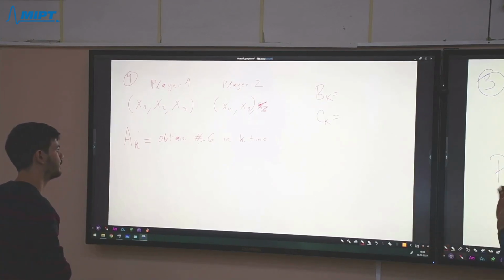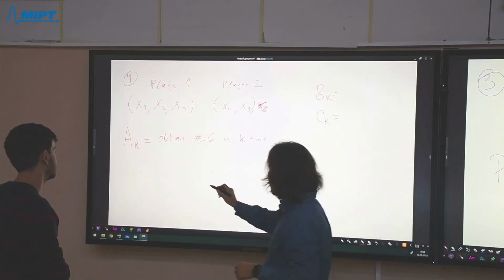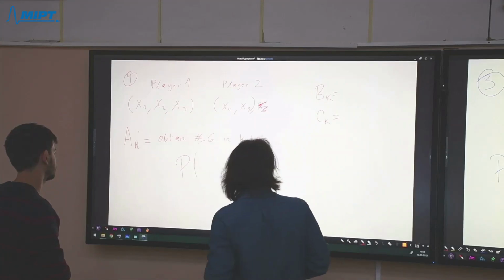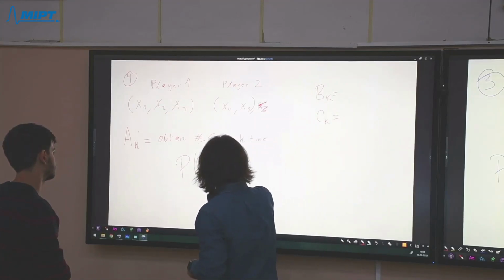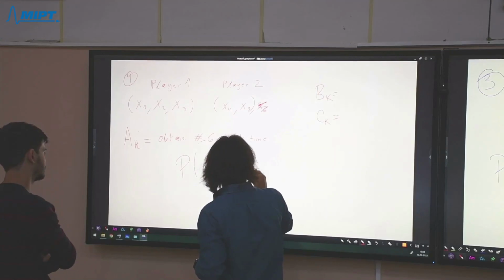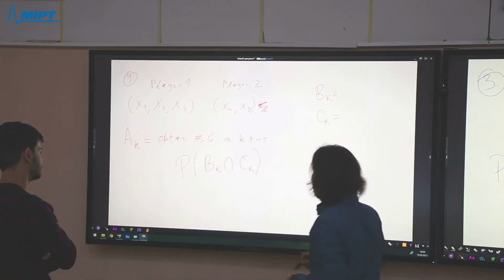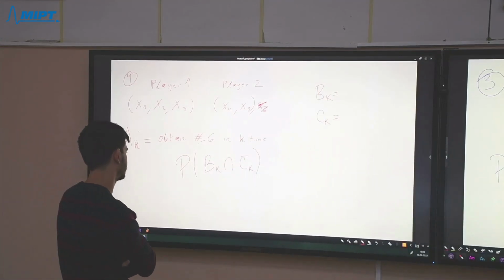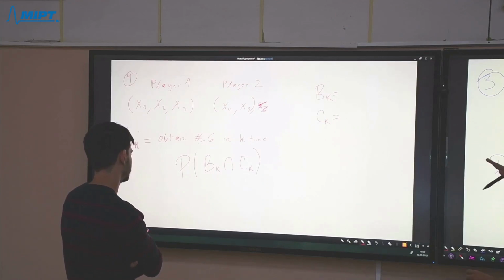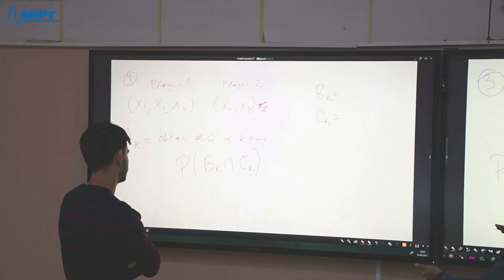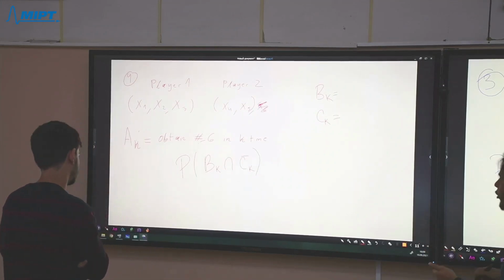So you remember that. Now we need to find the following probability: the probability of BK intersection with the complement of CK. What does it mean? It means that the first player got 6 and the second didn't. So how do we find this probability?